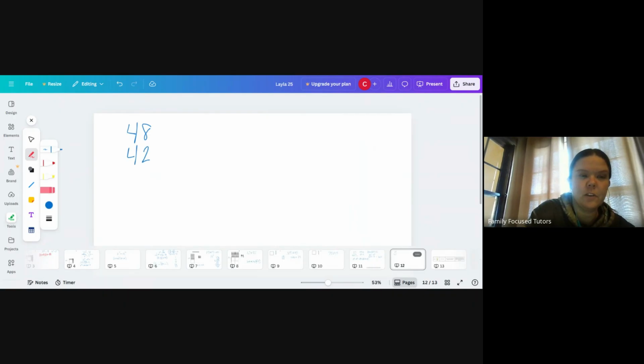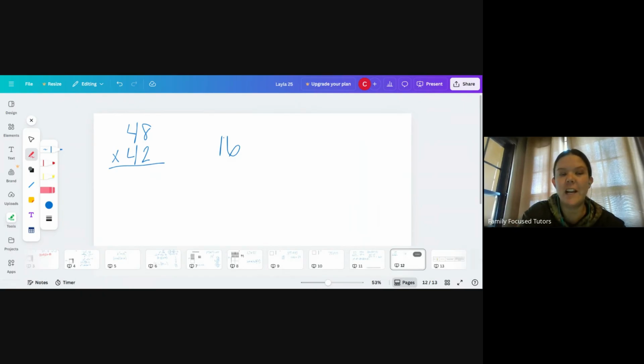Okay. So we can do this the exact same way. We can either look at it as difference of squares, or we can do it the exact same way. It's not that big a deal. So what we can do is take 8 times 2, which is 16. So we take our ones, multiply them together.